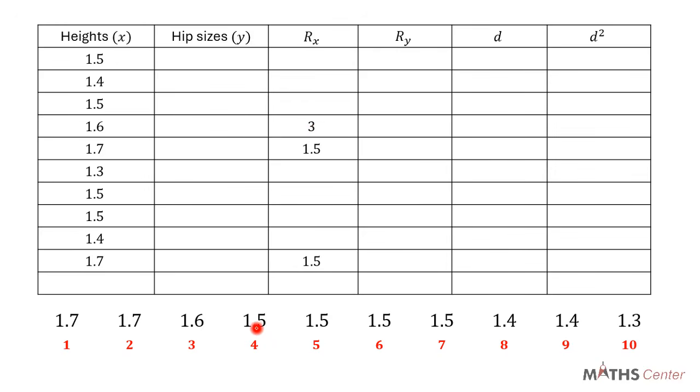Then the next value is 1.5. The 1.5 occurs 4 times, and so you add those 4 ranks and then divide it by 4. We are finding the average. 4 plus 5 plus 6 plus 7 gives us 22. 22 divided by 4 gives us 5.5.